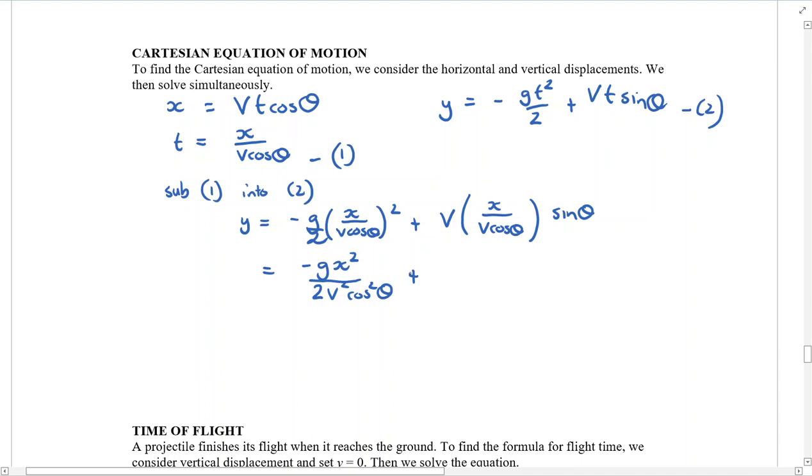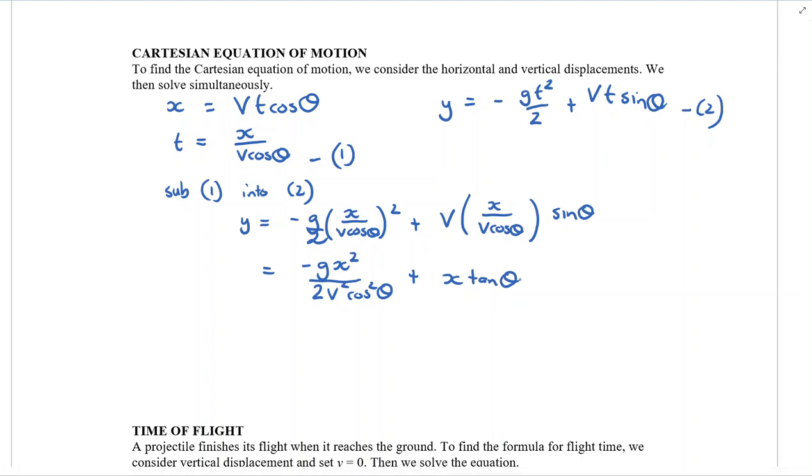Plus the v out the front and the v on the bottom can cancel. So I will just have the x and the cos theta in the bracket, but the sine theta over the cos theta makes tan theta. So I can write that as x tan theta.